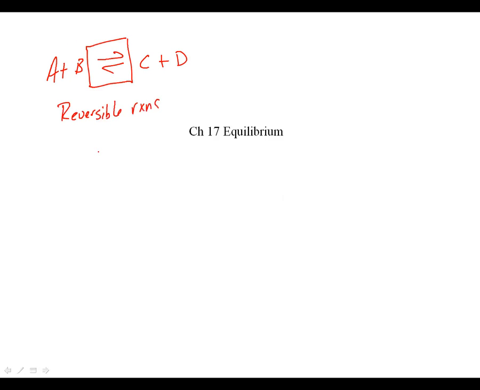And as we probably have talked about previously, a little bit earlier on in the semester, it has two directions. It has the forward direction, where it goes from reactants to products. But in these reversible reactions, once you build up enough of the products, the opposite reaction can occur where the products will come together and make back some of the reactants.